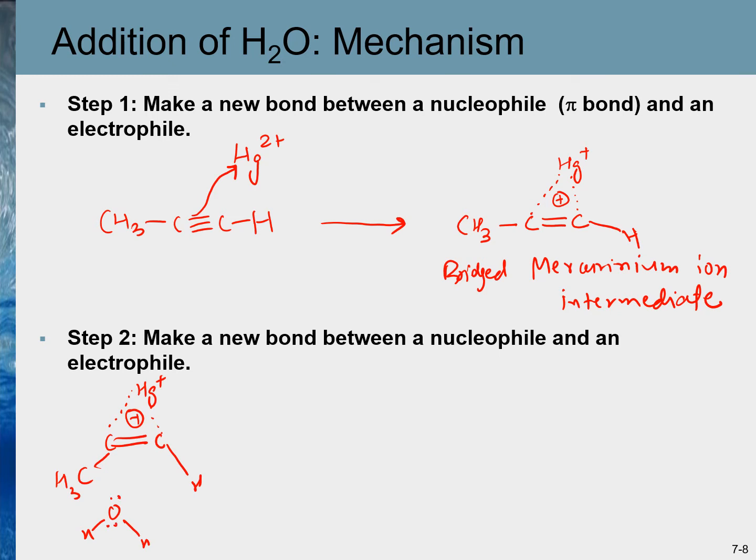The reason is that the top side is already blocked by a large bulky mercury ion, so therefore a further attack from the top side of the double bond is not possible. So therefore water attacks from the opposite end of the bridge.